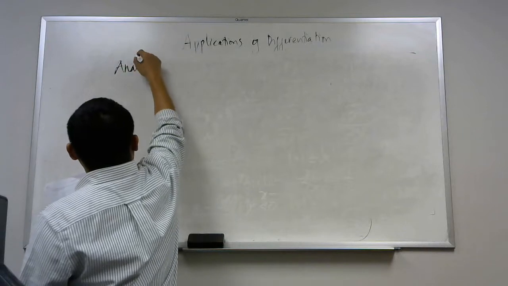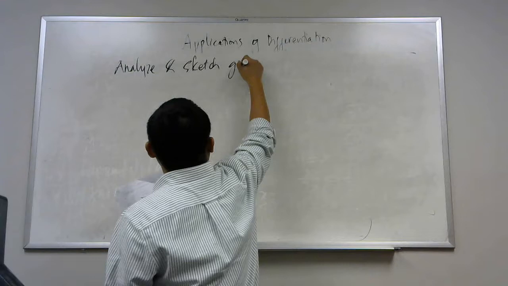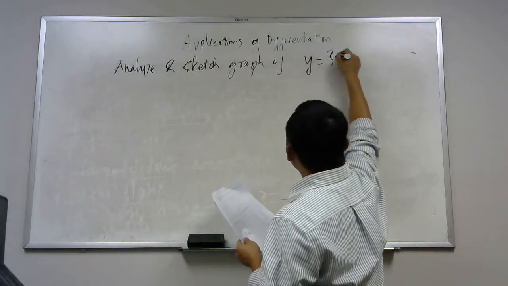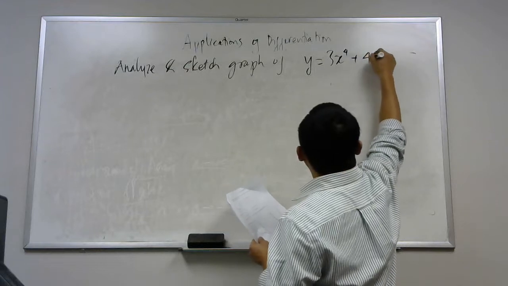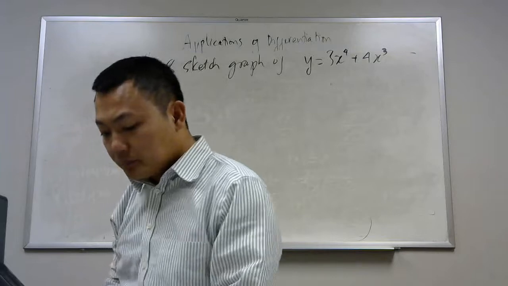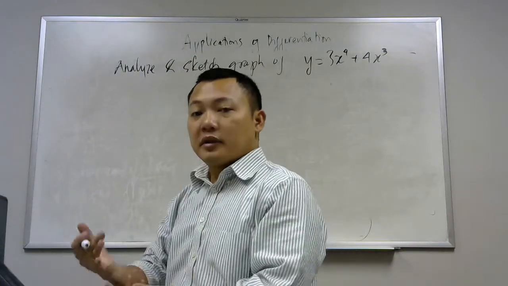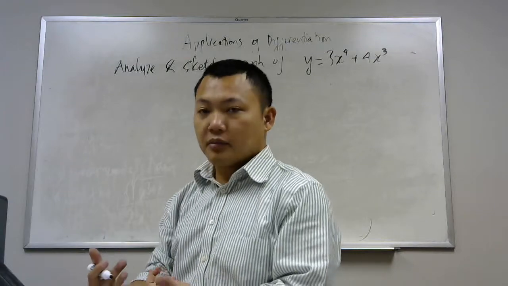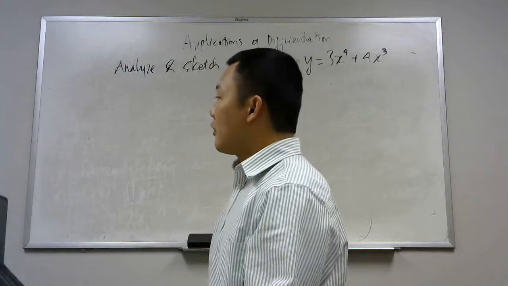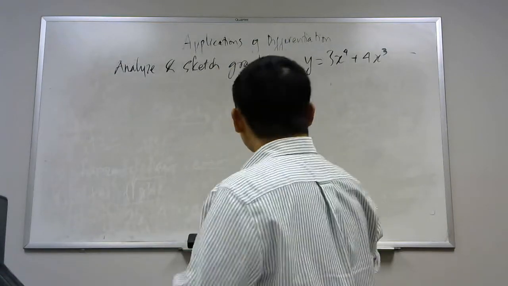So let me analyze and sketch the graph of y equals 3x to the 4 plus 4x cubed. Now we have to compile everything: first derivative, second derivative, asymptotes, everything about the function. Then we use that information to sketch the graph.